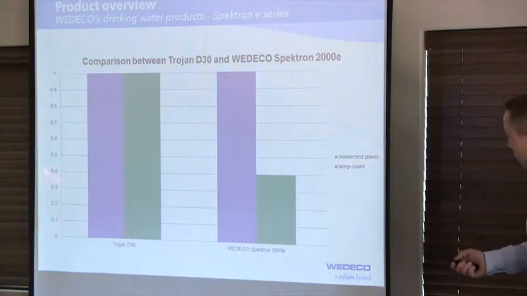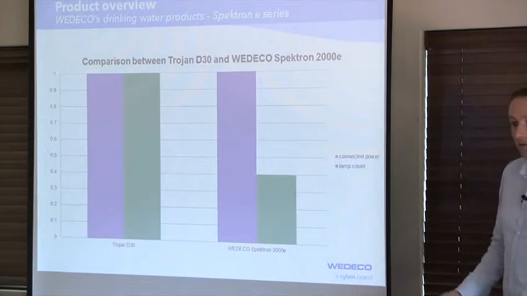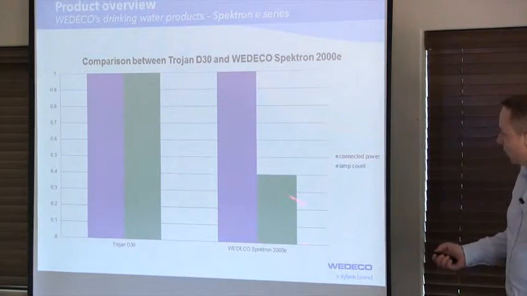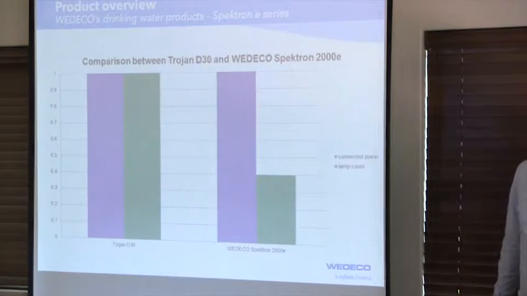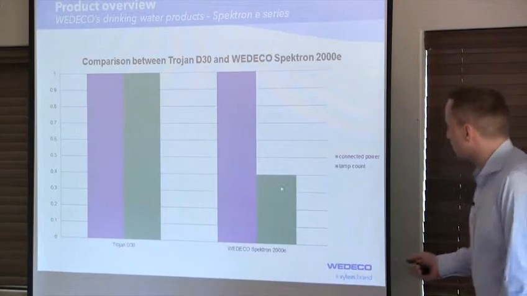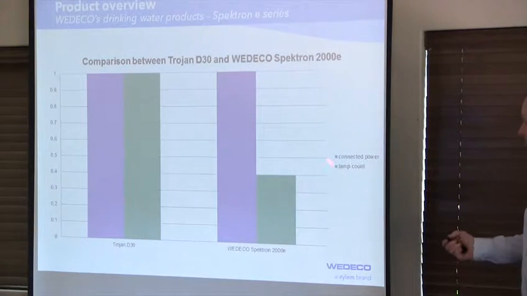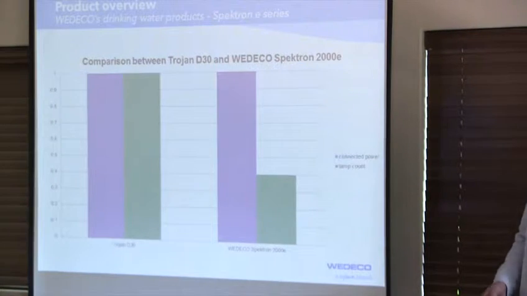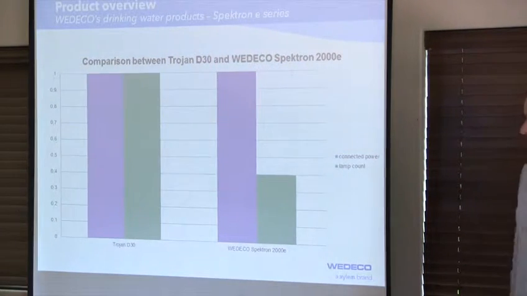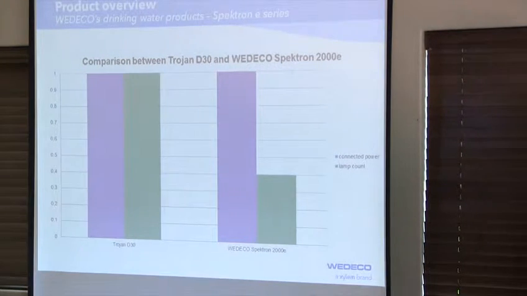We used only 40% of the lamps. We were talking here about 8 systems in parallel, for a project in Singapore. 8 times 12 is something else than 8 times 30, so you can save a lot of money with these bigger systems when it comes to maintenance and operational costs.